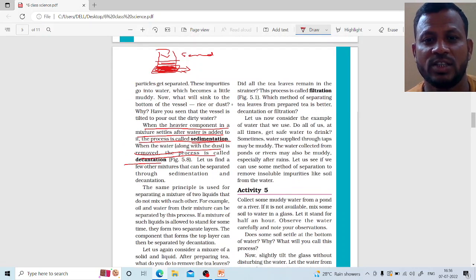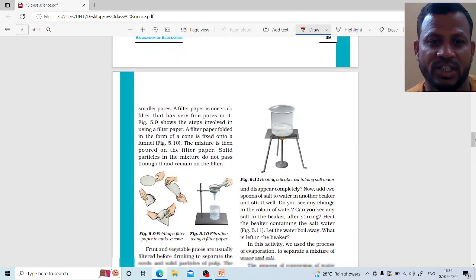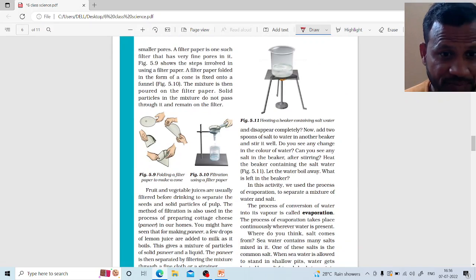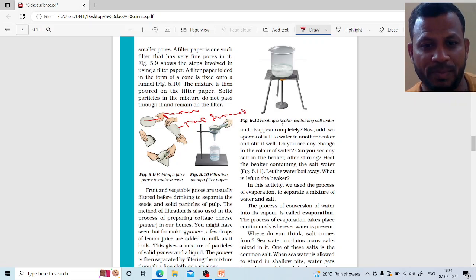Third one is known as filtration. By filtering the water, look here, this is the filter paper. We fold it in the shape of a funnel. We place the filter paper in the funnel.